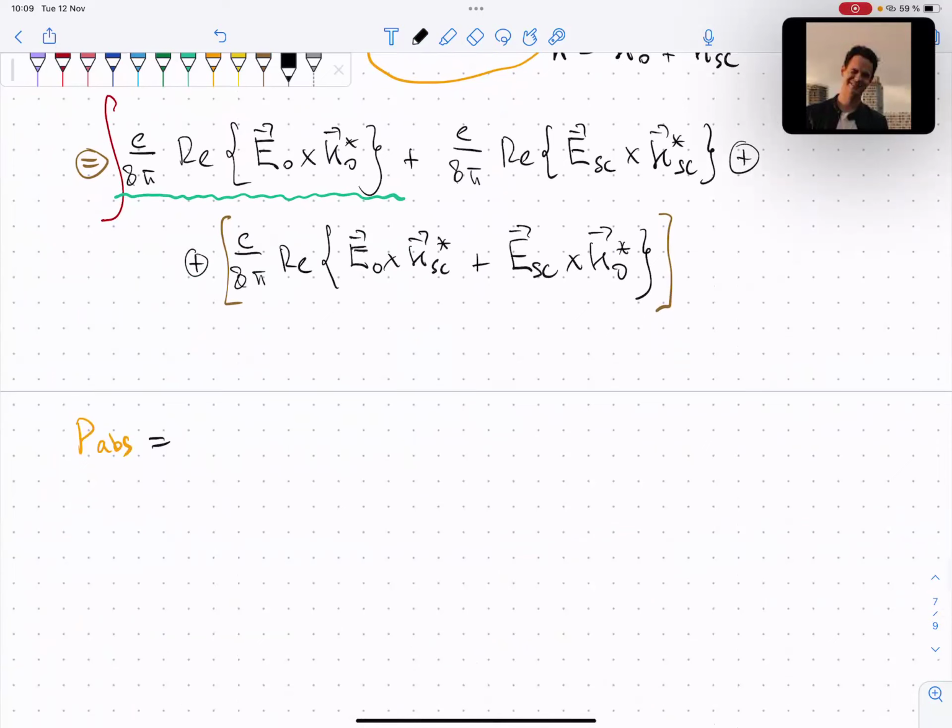Just want to check, is it clear why the integral of the Poynting vector of the incident field is 0, or do I need to speak about this a little bit more?